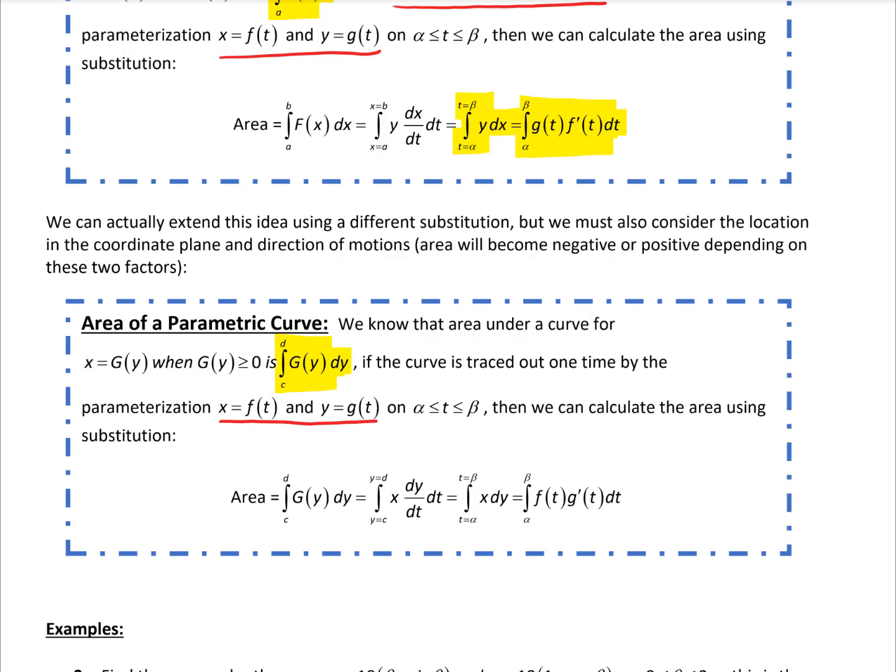We can say the same thing. Look at that. Through substitution, that's going to give me x dy, or the integral from alpha to beta of f of t times g prime of t dt. We're literally putting together two different concepts here, substitution and what we already know about area. So let's utilize these formulas.